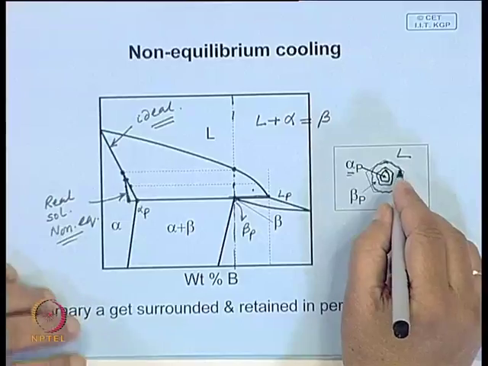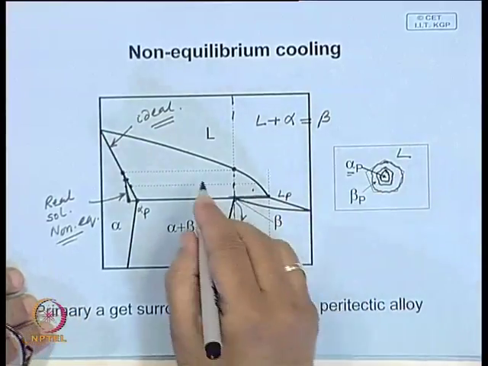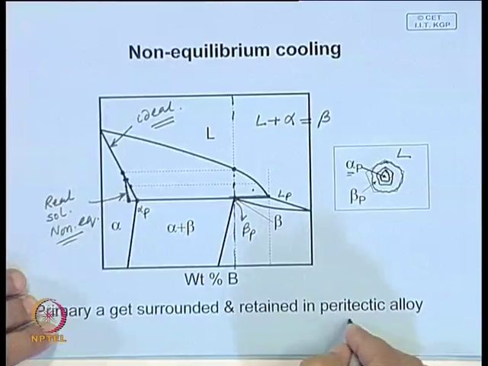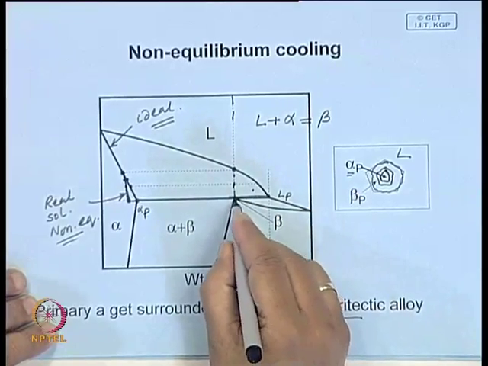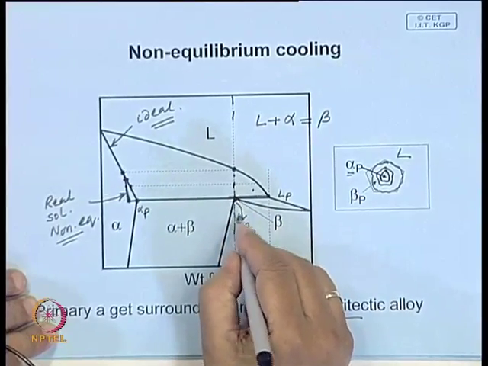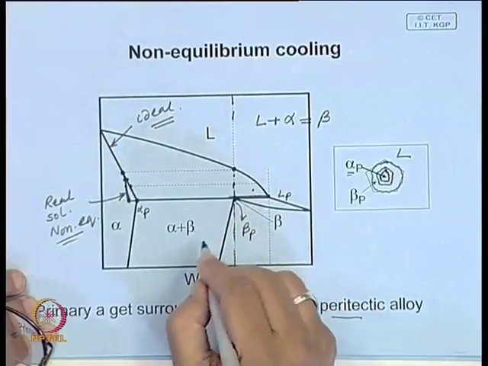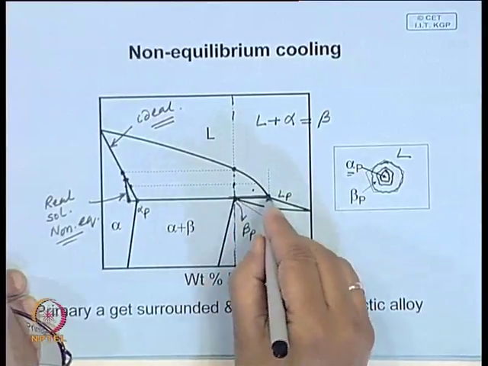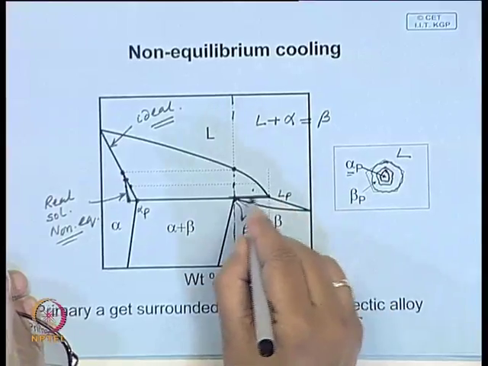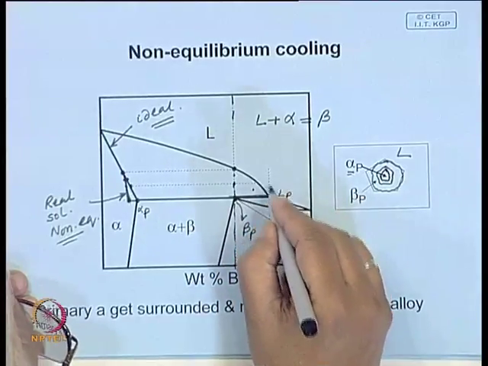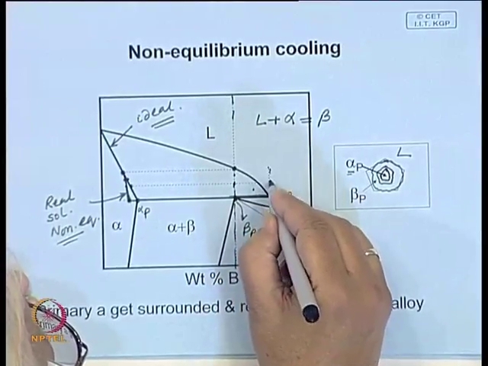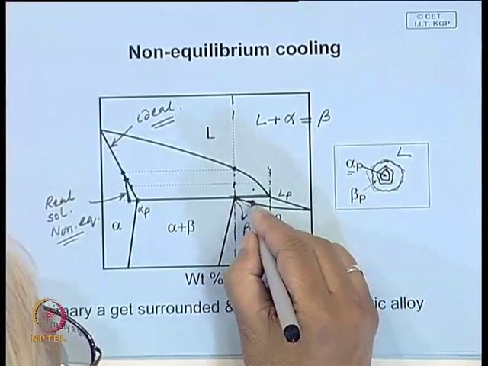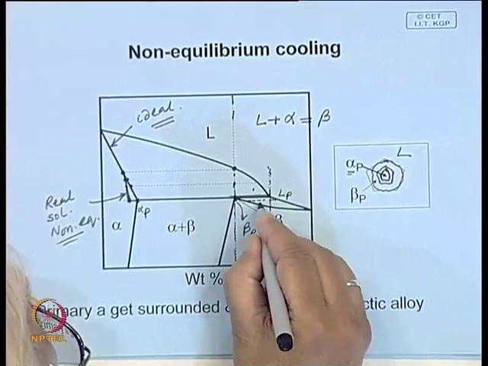So, what is likely to happen? Some amount of primary alpha will get surrounded and retained even in this peritectic alloy. Once that peritectic reaction is complete, the peritectic composition is this, and there is still a substantial amount of liquid, and now the liquid has this composition. This starts changing like this.